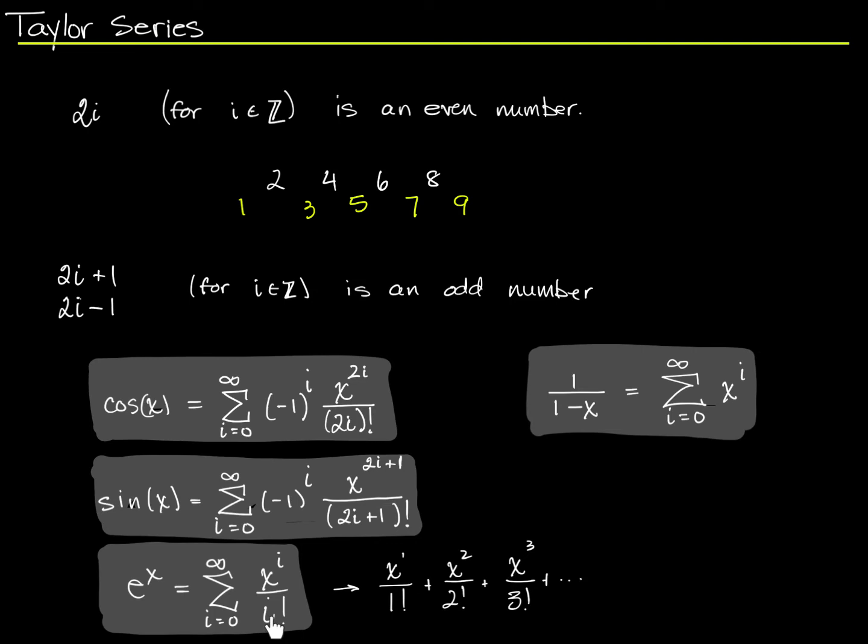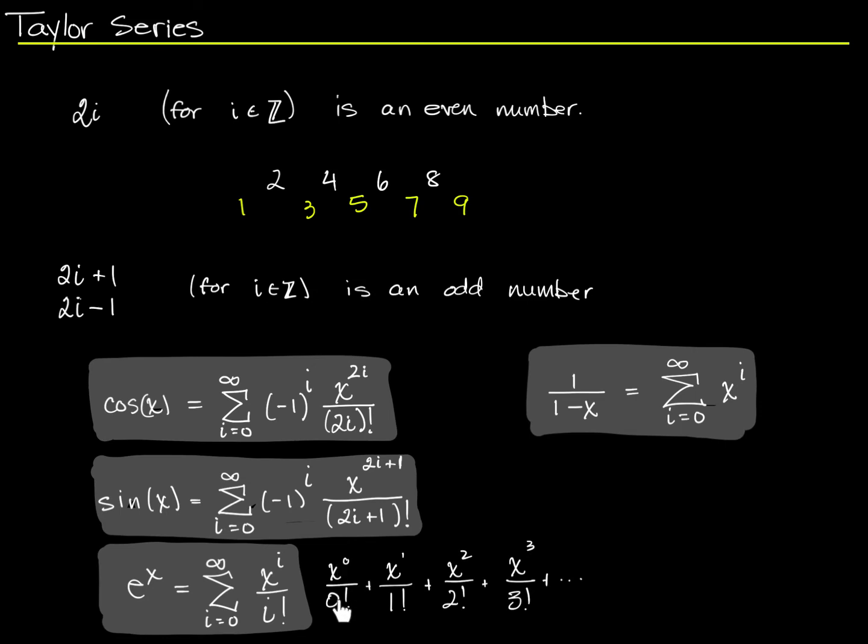i is changing as one integer to the next. i is changing from 0 to 1. I forgot the 0 term here, actually. This should include plus x to the 0, which is 1, over 0 factorial, which is 1.